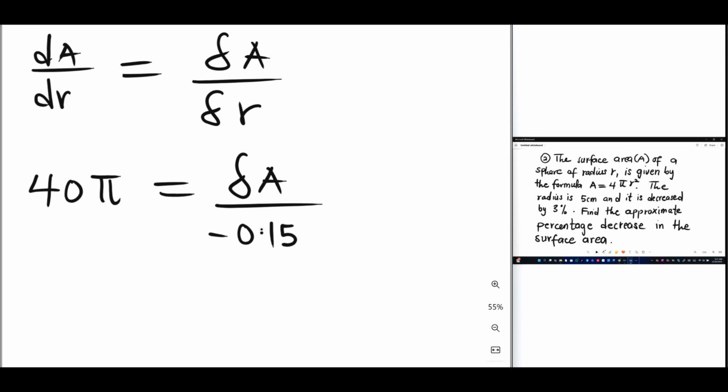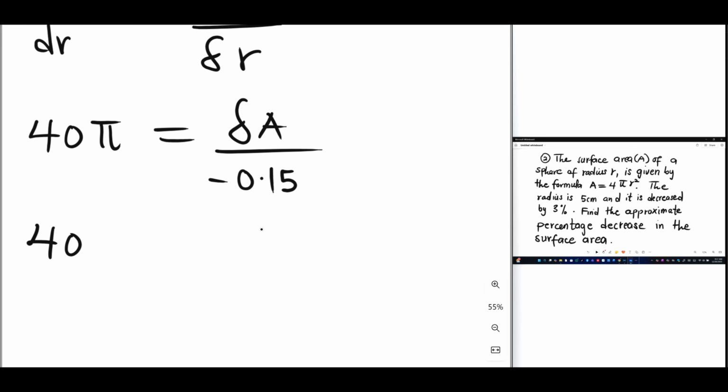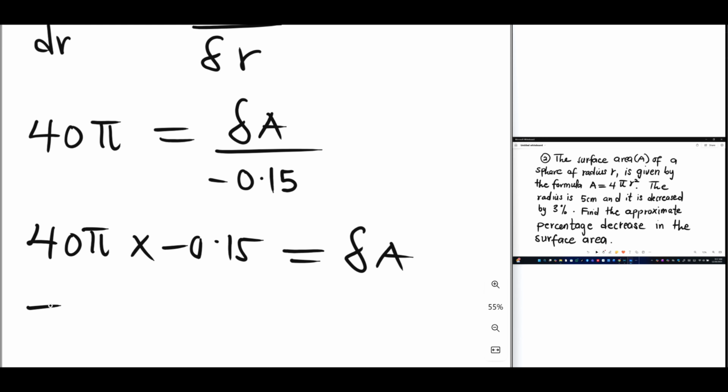Then we cross multiply. We are going to get 40 pi times negative 0.15 equal to the small change in A. So we multiply this, and this will give us negative 6 pi, equal to the small change in A.